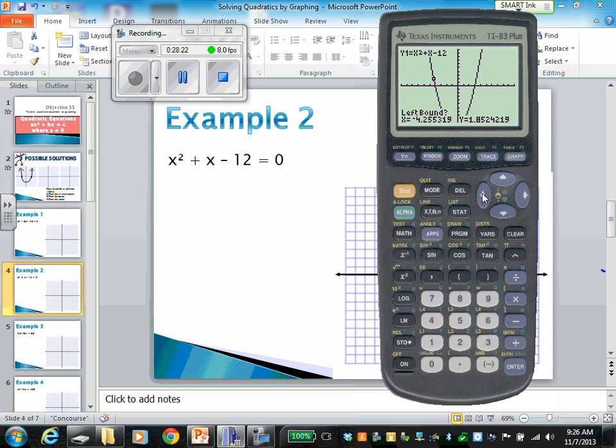So, and I'm going to press enter. And then right bound's going to be down below it. Everybody good? And then when I press enter again, x comes out to be negative 4.